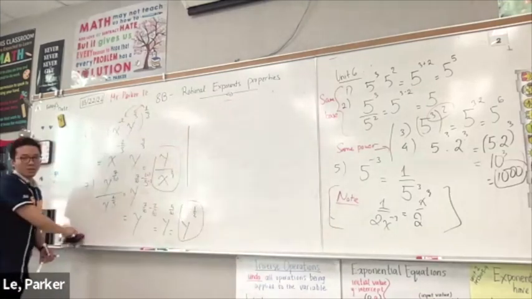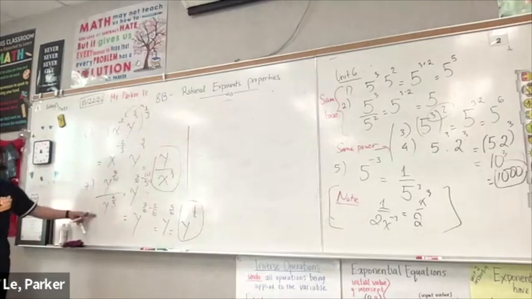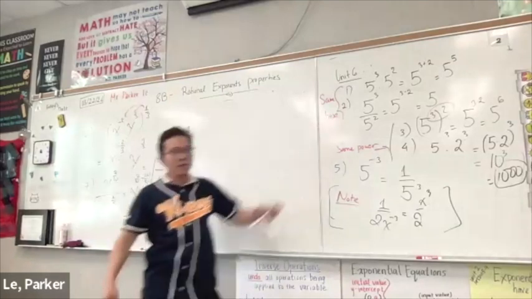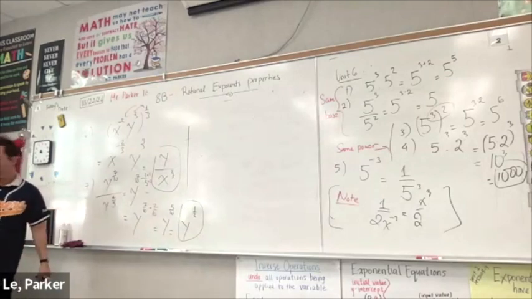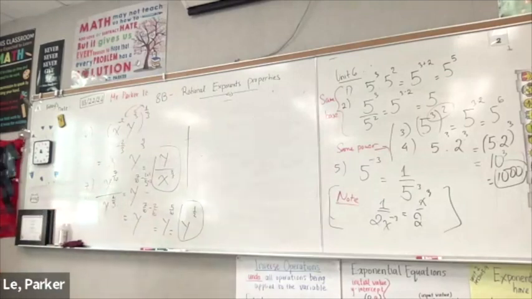It's still level 2. There's nothing special here. You just need to subtract the power. Same base, subtract the power, right? 7/10 minus 1 over 5. I assume you know how to subtract the fraction. We already reviewed it.